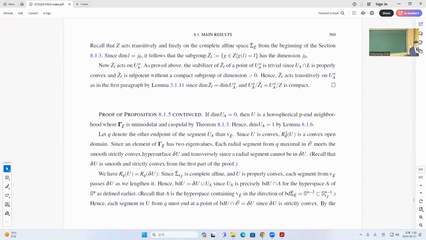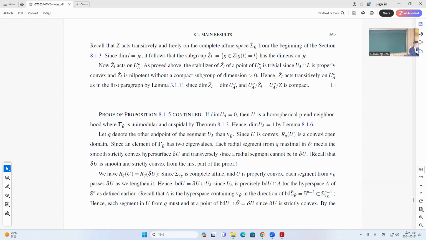Okay. So once you have the two lemmas, then you know that this U_A, if it is the zero-dimensional case, then it is a horosphere because the limit is only that point. If its dimension is 1, then you have a segment. Then you choose a different segment. So VE is in here always, and you choose a different segment, and then you show that R_QU is now a properly convex domain.